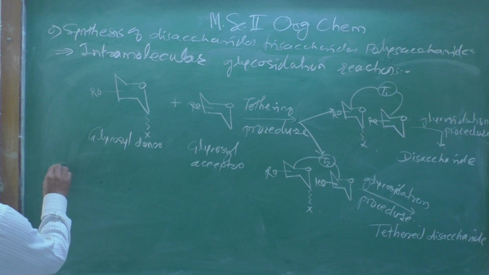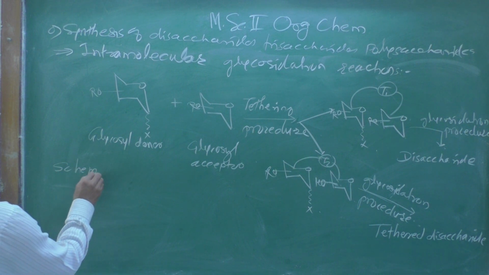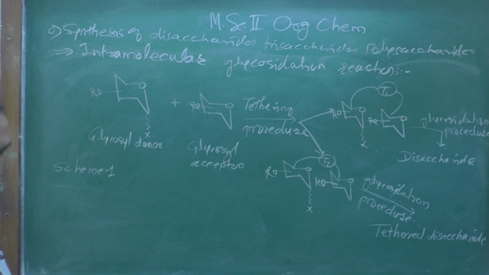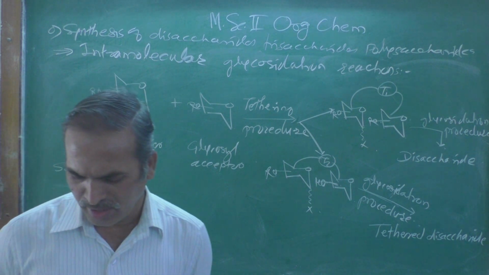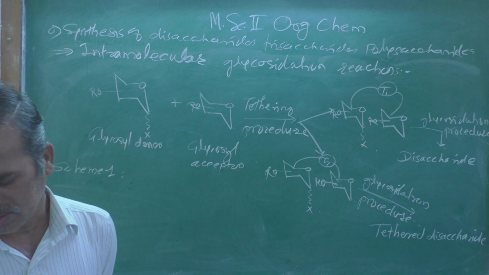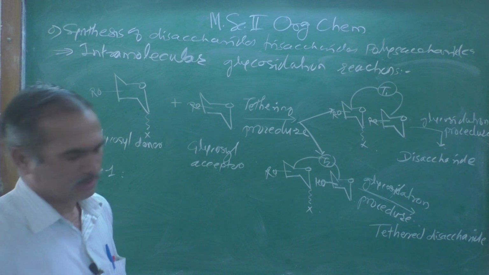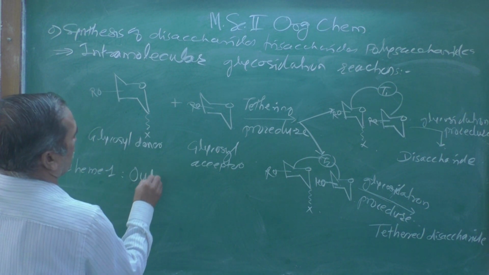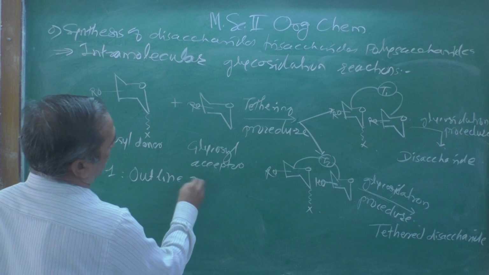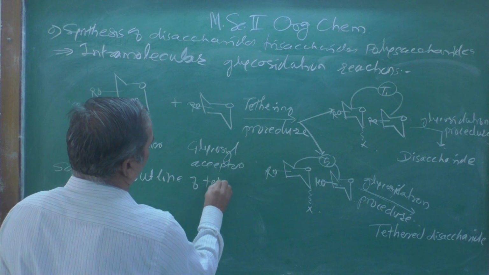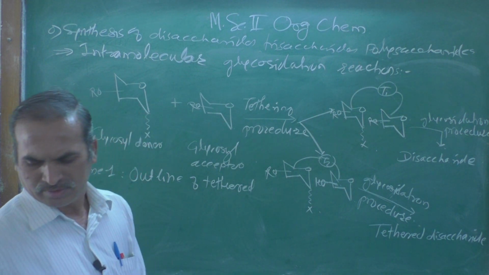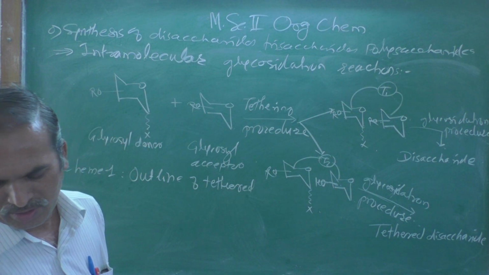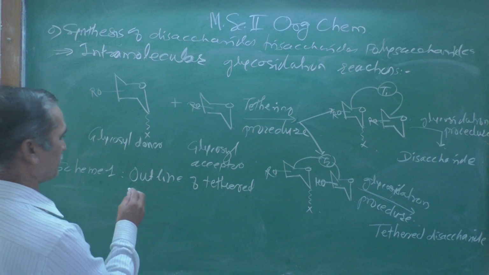This is scheme number 1, which is an outline of the tethered intramolecular glycosidation reaction.